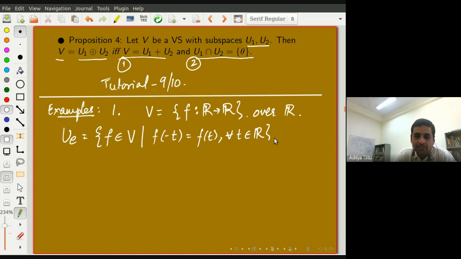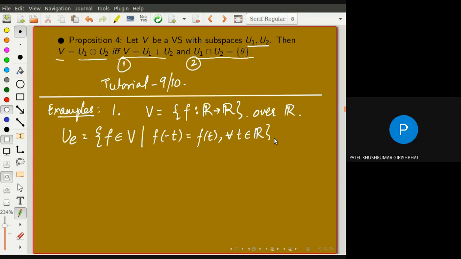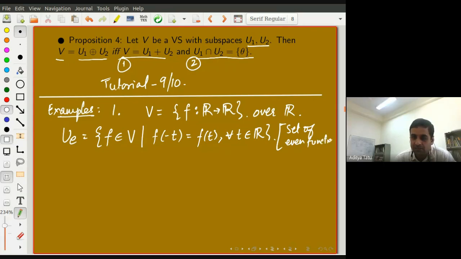What is this set? The set of even functions. Exactly. What I did not prove, but I'm assuming, is that this is not just a set, it is a subspace. Can you quickly verify and convince yourselves that this set is actually a subspace?